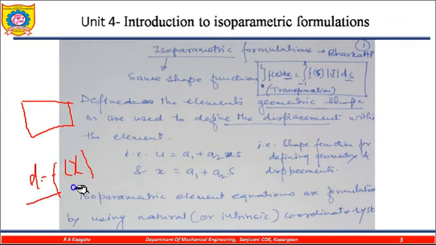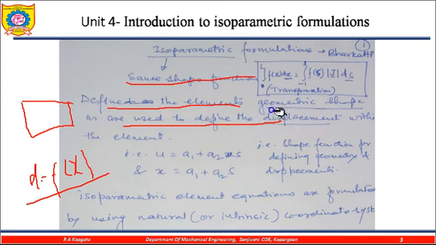that is called the isoparametric formulation or the isoparametric functions. So what is it? It indicates that the same function which defines the element for geometric shape as well as for displacement shape.